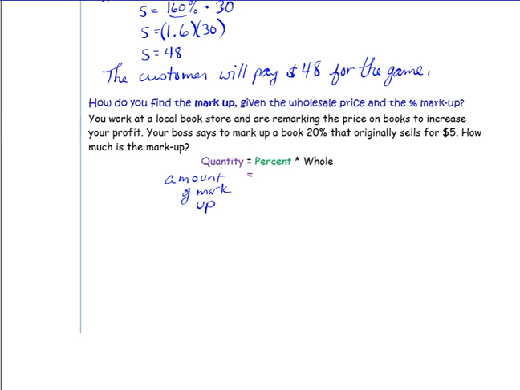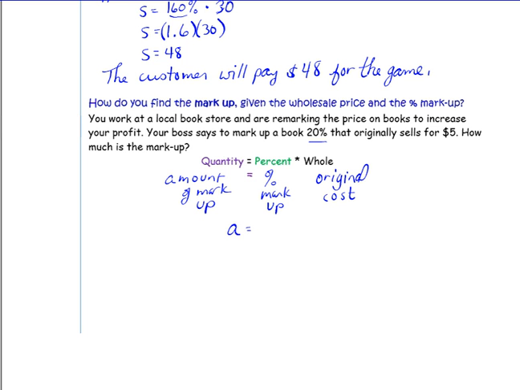The percent is the 20% markup. And the whole is the original cost, or the wholesale cost. So the amount of markup is what we're looking for.